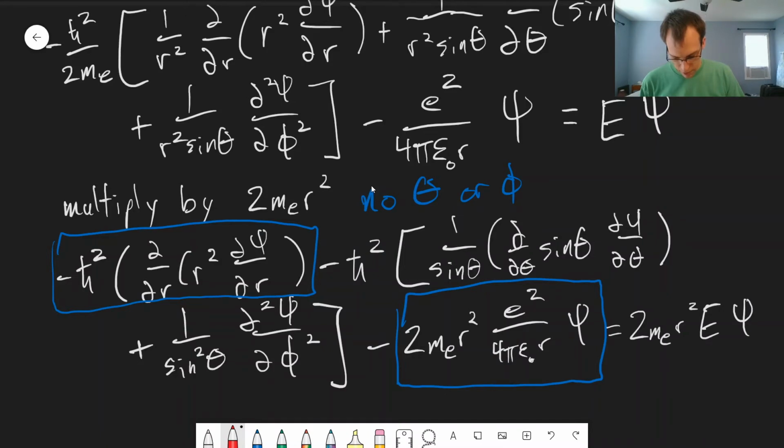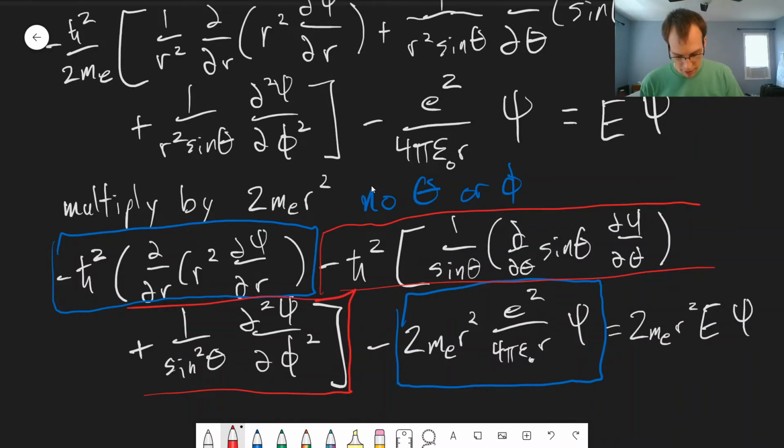And this part here, which extends down to the next line, this part has no r's in it. And so this allows us to use the same technique we've been using for all these problems that have multiple variables, separation of variables. We can look at the r part, the radial part is what we call this, and the angular part separately.